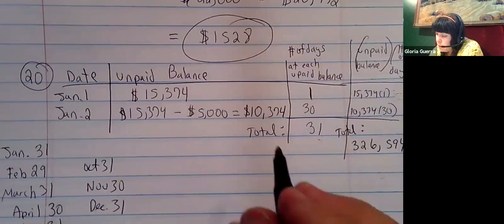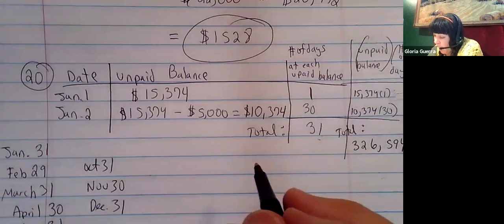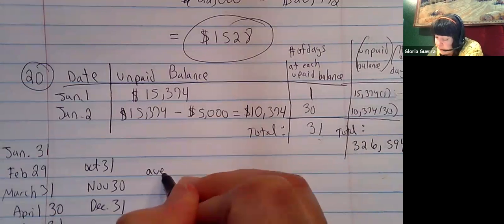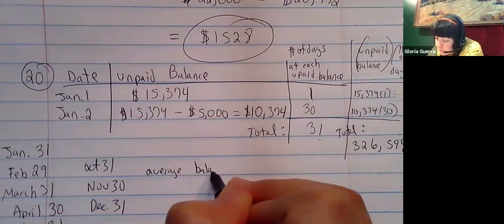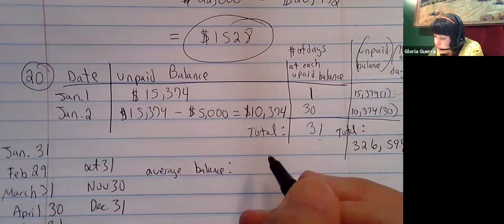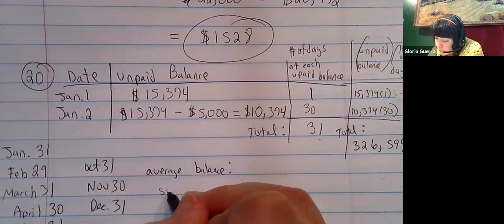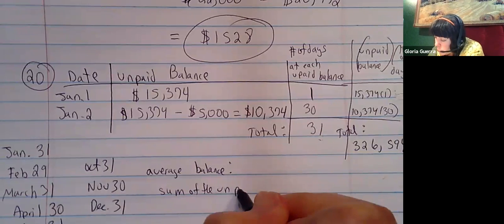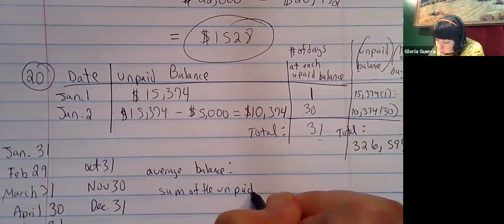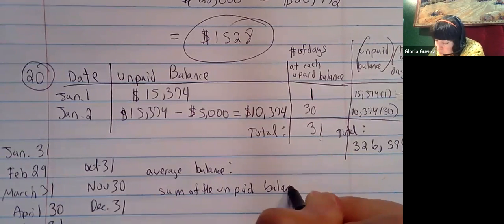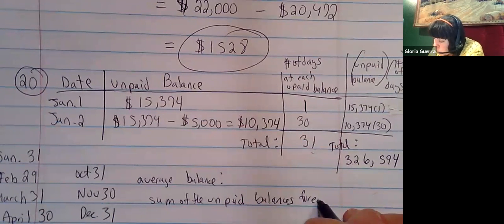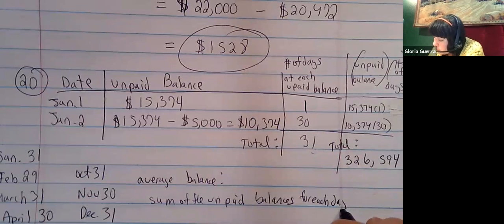But now to find the average balance, you're going to take your sum of the unpaid balances for each day in a billing period.